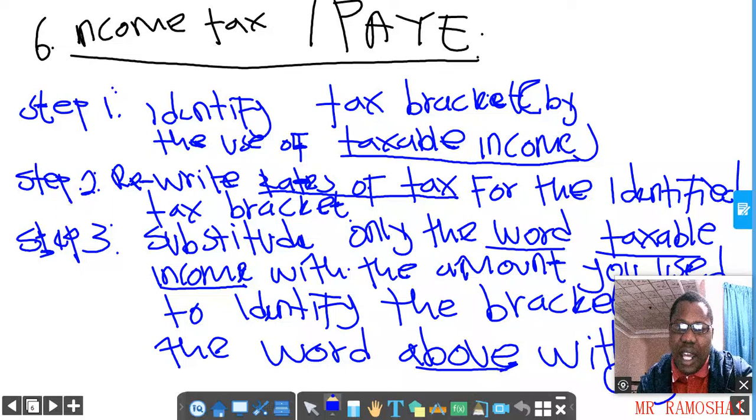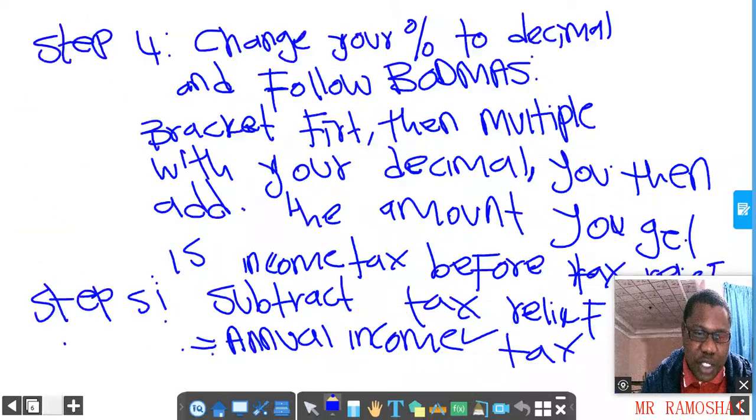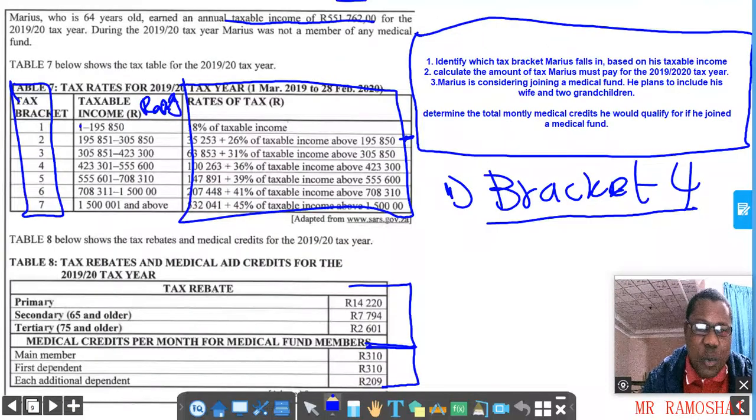What do we do? We rewrite the rates of tax for the identified tax bracket. So which bracket did we identify? We identified bracket number 4. So what is the rate of tax? These are the rates of tax, right? It says 100,263 plus 36% of the taxable income above 423,300.